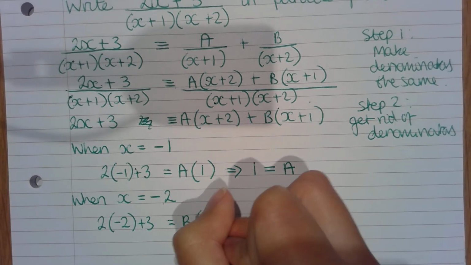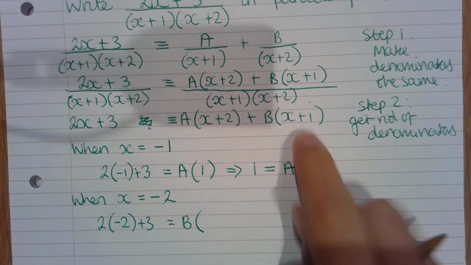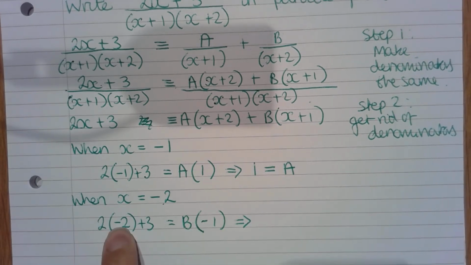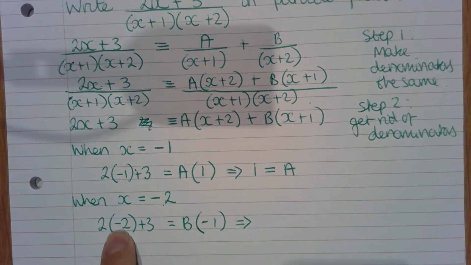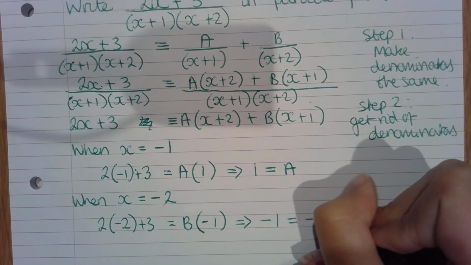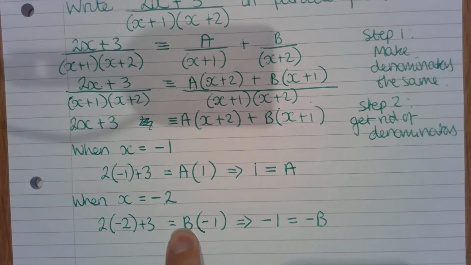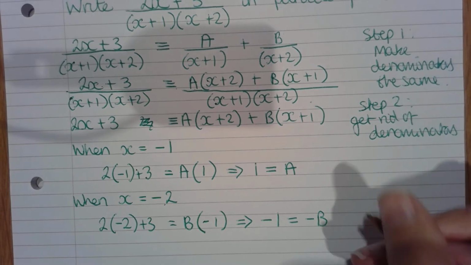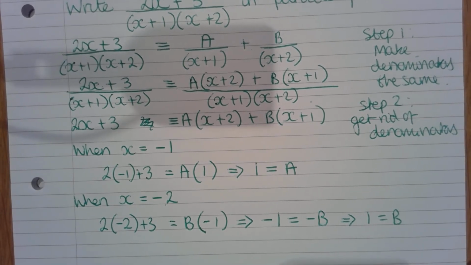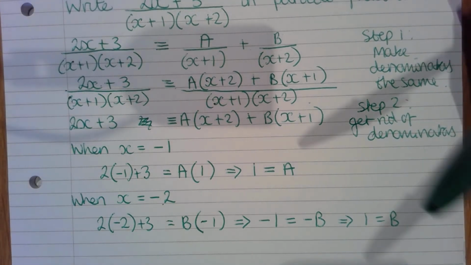B times (negative 2 plus 1), which is negative 1. So 2 times negative 2 is negative 4, add 3 is negative 1, so negative 1 equals negative B, because negative 1 times B is negative B, so that means that B is equal to 1. But you still haven't finished your question.